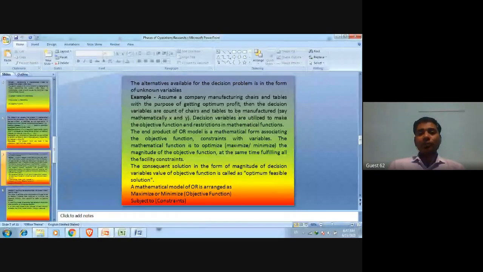Now decision variables are utilized to make the objective function.